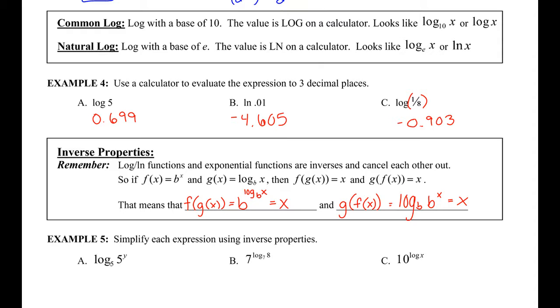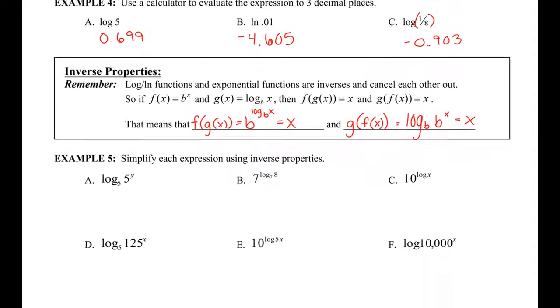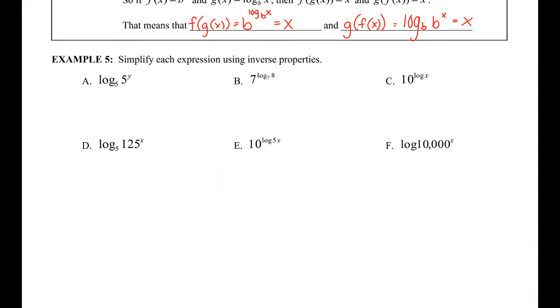We're going to use the inverse properties to help us simplify each expression. When you have a log of a base raised to the same power, you can say that the expression is equal to the exponent. So log base 5 of 5 to the y equals y.